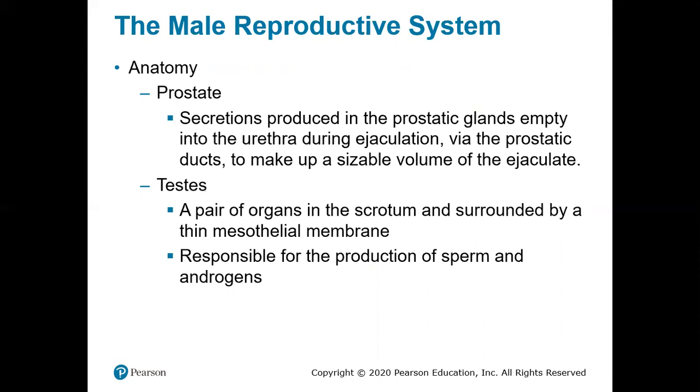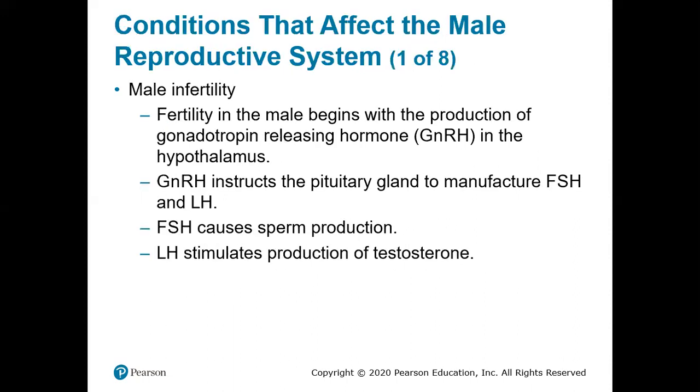Secretions produced in the prostatic glands empty into the urethra during ejaculation via the prostatic ducts to make up a sizable volume of ejaculate. The testes, which are a pair of organs in the scrotum and surrounded by a thin mesothelial membrane, are responsible for the production of sperm and androgens.